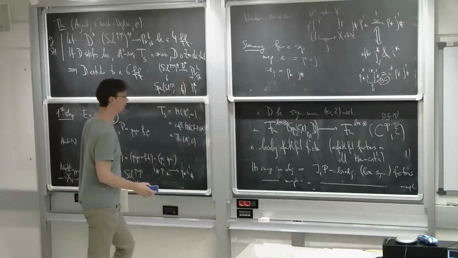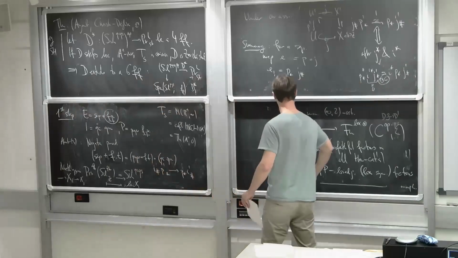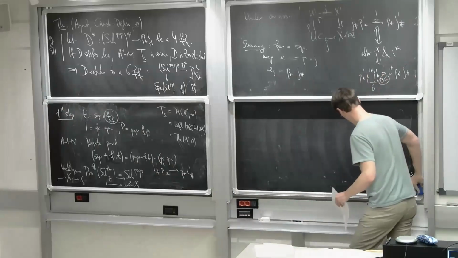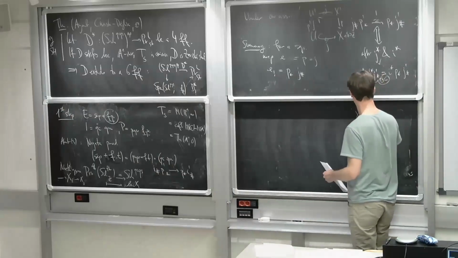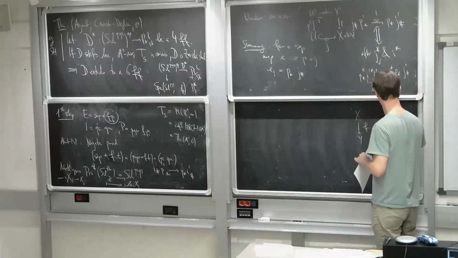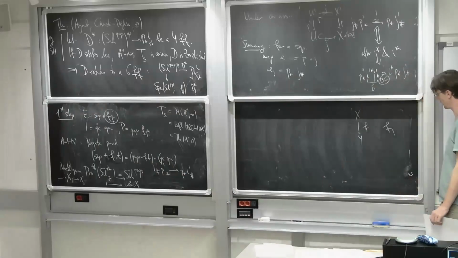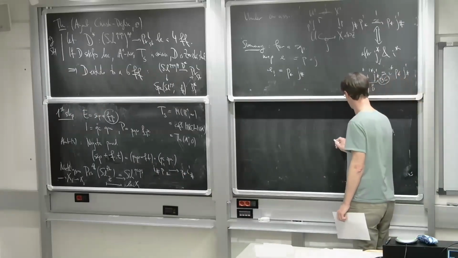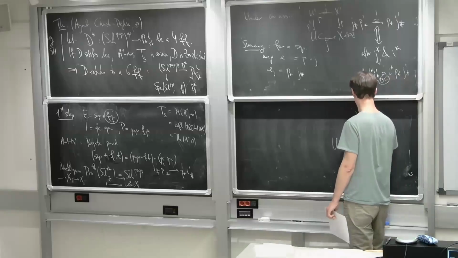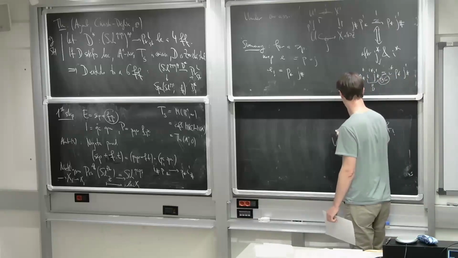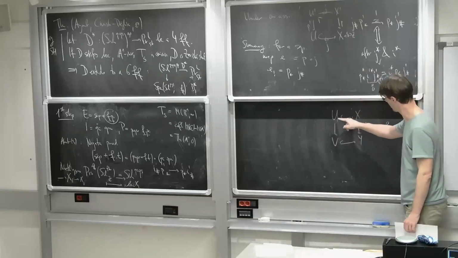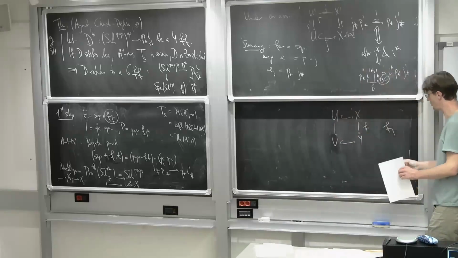Okay. So I wanted to very quickly say the idea of the definition of this extension to non-separated maps. If you have a non-separated map X to Y, and you would like to say what on earth is F lower shriek, well, you will say this. I cover my Y by U's, or maybe by V's, and let's say I cover these by affines, in such a way that they map to each other.